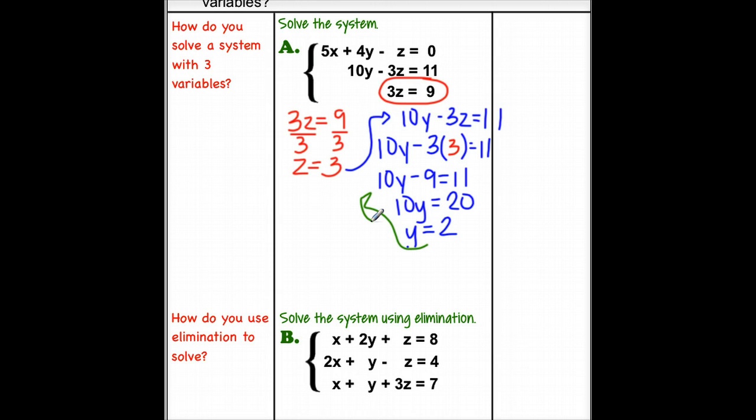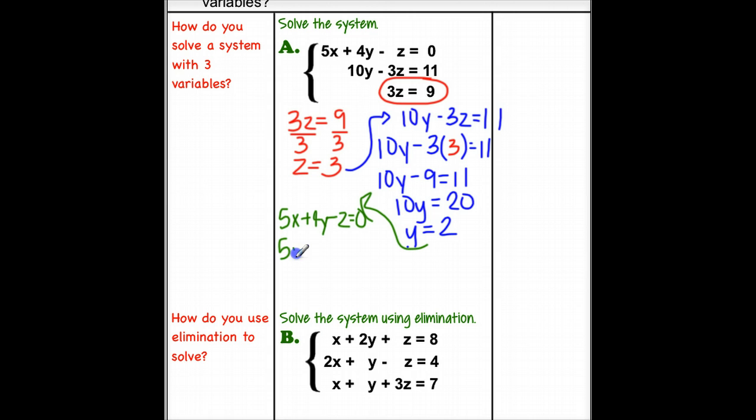Substitute it in to the 5x plus 4y minus z equal to 0 to get my final solution for x, and therefore the ordered triple that we need for the problem.